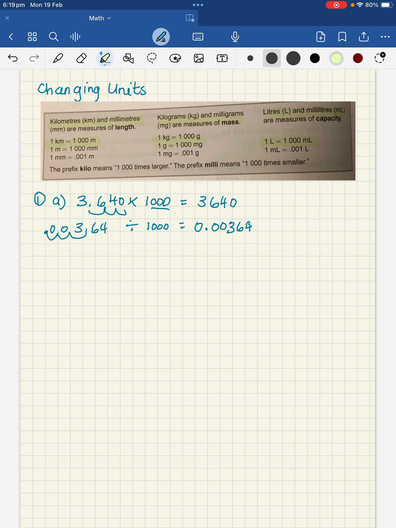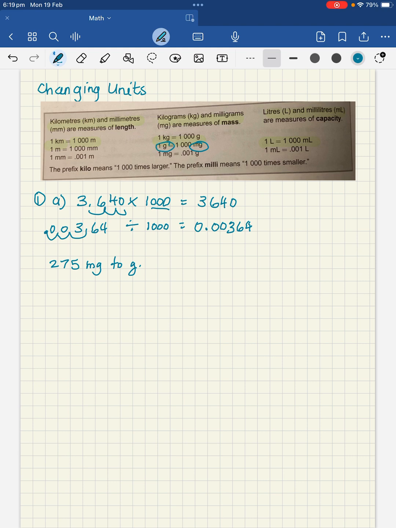Okay, so for question 2, you're going to change the numbers from the smaller measurement to the bigger measurement. So for instance, if you were to change 275 milligrams to grams, if we look here, we're going from milligrams to grams. There's 1,000.